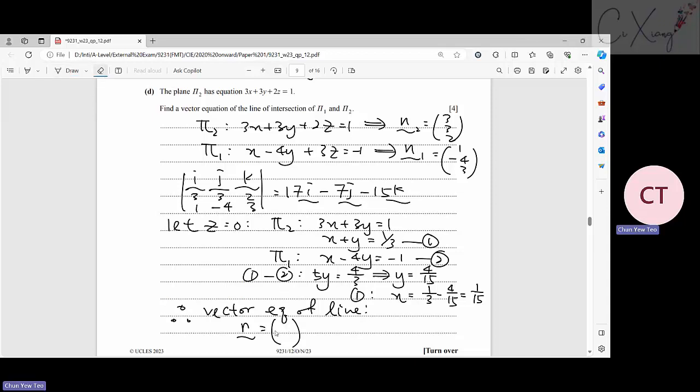Okay, so this coordinate is x, y, z. Your x is 1 over 15. Your y is 4 over 15. Your z is 0, plus lambda of the directional vector 17, -7, and -15. Done. That will be the answer for number 5D.